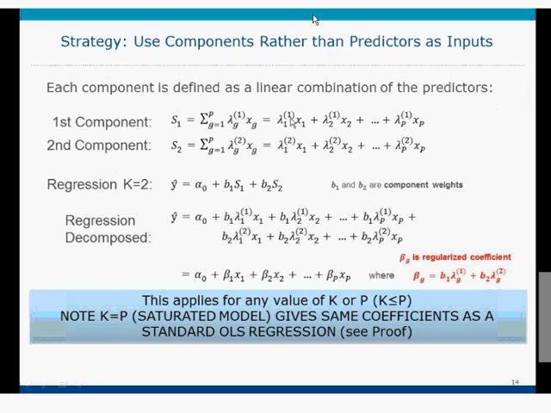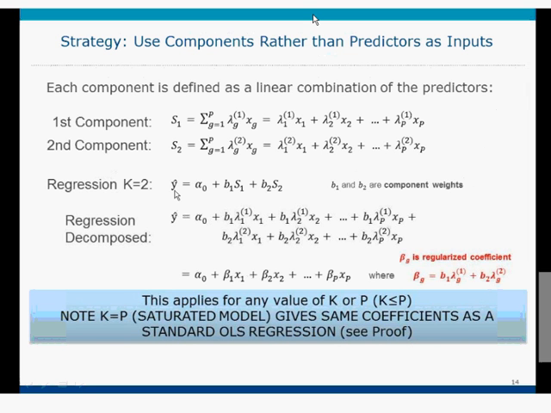So lambda 1,1 refers to the loading of predictor 1 on the first component. The loading of the second predictor on the first component is this. The second component is also a linear combination of the predictors. Every component is just a linear combination of the predictors. And I use the superscript 2 to distinguish loadings from the second component from the loadings from the first component.